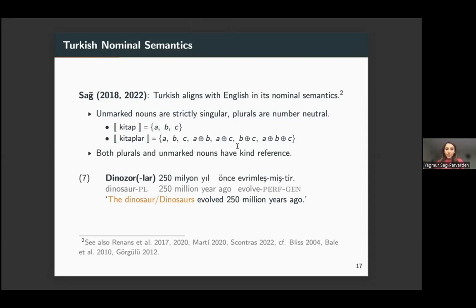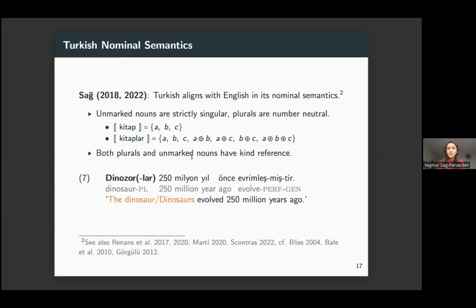But beyond that, I've also investigated kind reference in Turkish, and I have claimed that both plurals and, unlike English, singular nouns have kind reference. So we can say something like, dinozor 250 milyon yıl önce evrimleşmiştir. Evrimleşmek, like evolve, is a kind level predicate. It looks for a kind level argument, a kind individual to be predicated of.